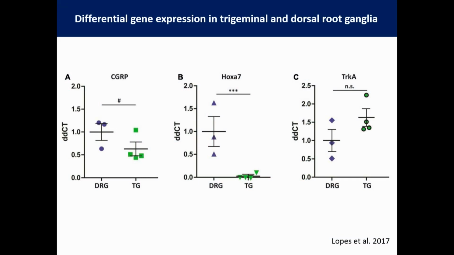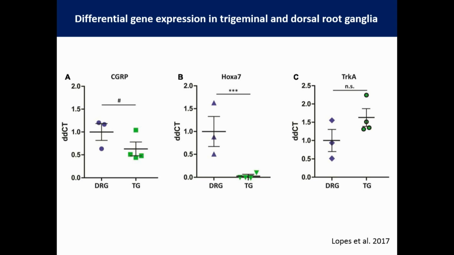Another thing is that the gene expression profile has been shown to be different in the trigeminal system. This is a recent report on transcriptome studies. We can see a group of Hox genes highly expressed in the dorsal root ganglion, but almost nothing in the trigeminal ganglion.